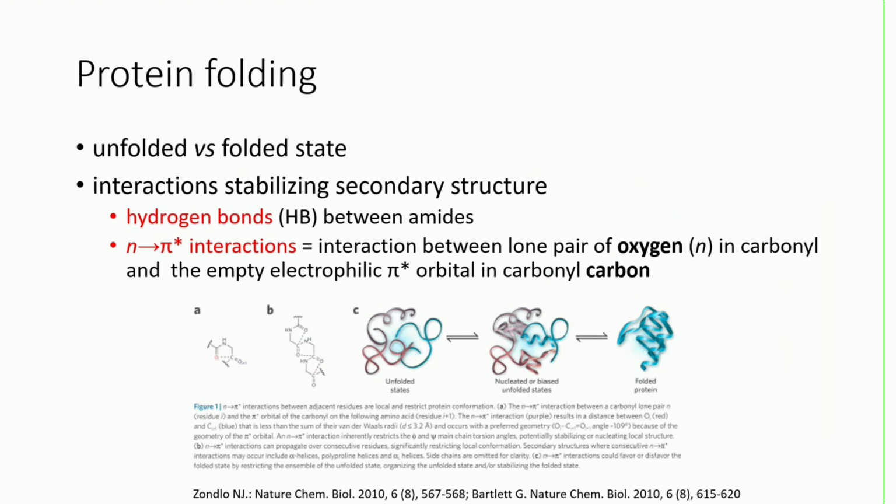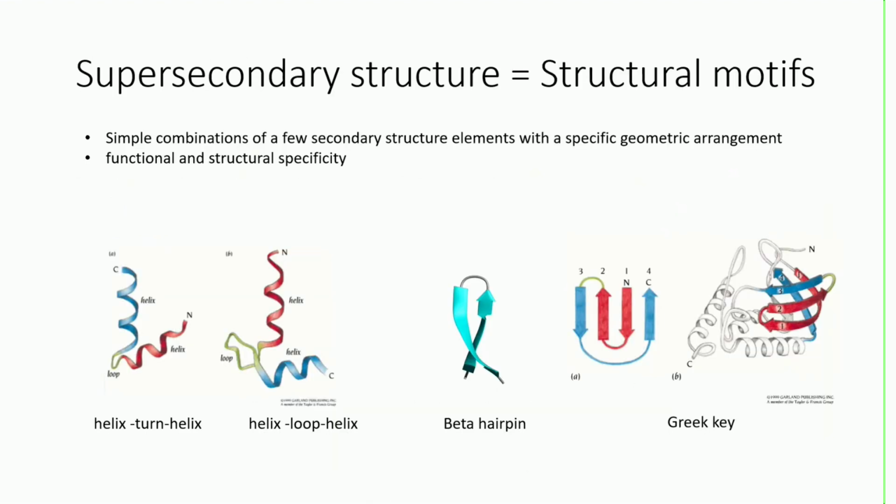Okay, I don't like to focus much on protein folding, which is a complicated process. But I would like to show some super secondary structures, so-called structural motifs, for alpha helix or beta pleated sheet.